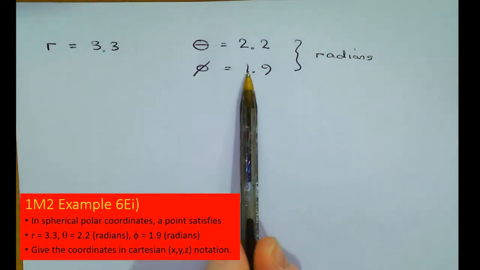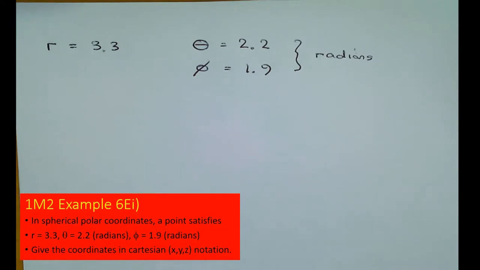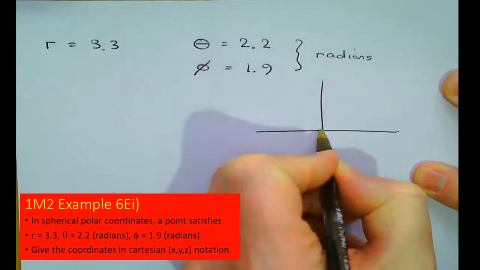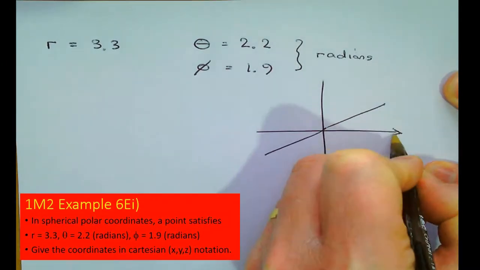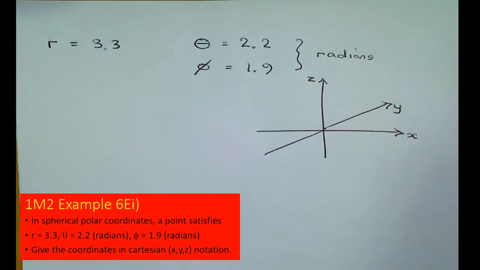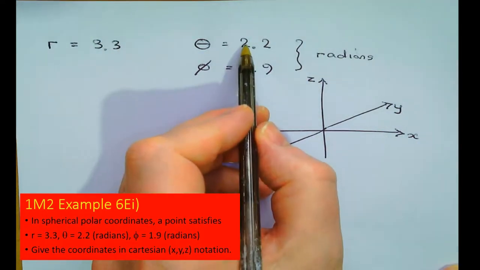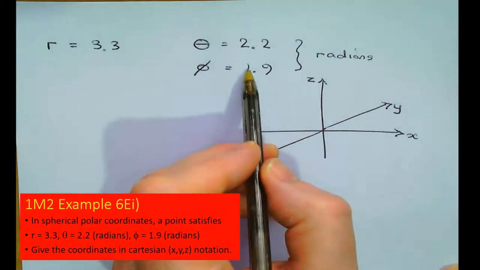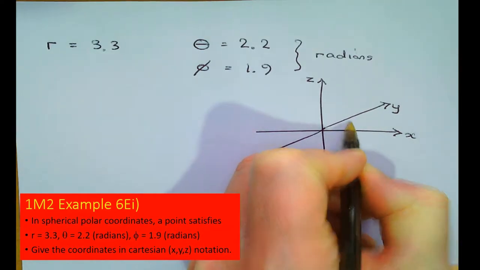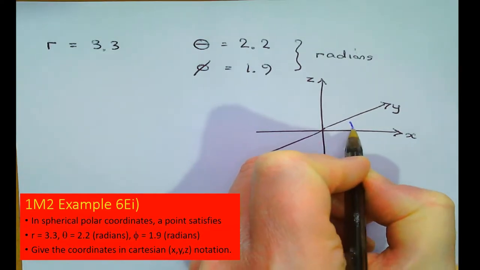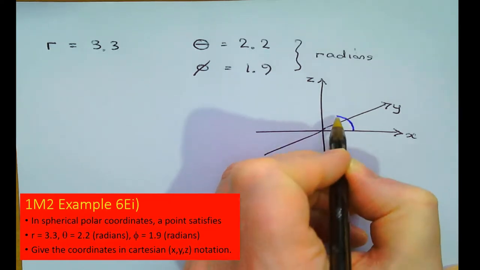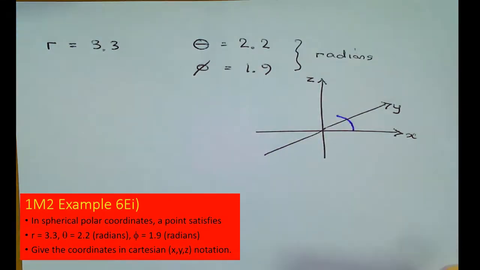And then we have phi is equal to 1.9. So maybe if we were to draw a diagram here, where do we expect our point to be? Well, theta is 2.2. We're going below the equator. We're going at an angle. Phi is 1.9. So phi takes us round from the positive x past pi over 2 to a point, say, near here in the xy plane.